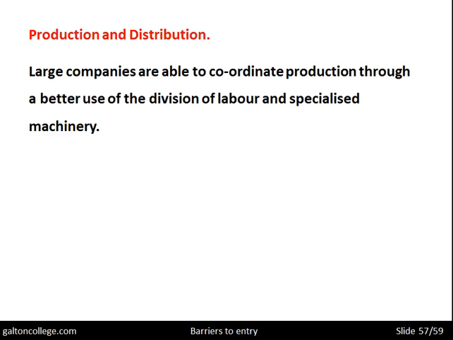Now, production and distribution. Well, large companies are able to coordinate production through better use of the division of labour and specialist machinery. So large companies are able to work out what they want to put in the market, what the demand from the market is, and they're able to schedule their production accordingly, scaling it up or scaling it down as the need arises.